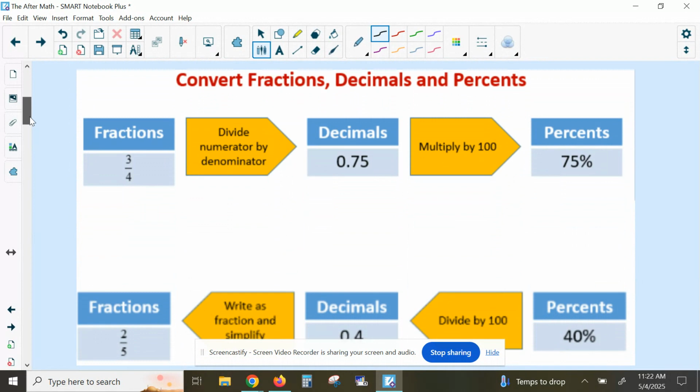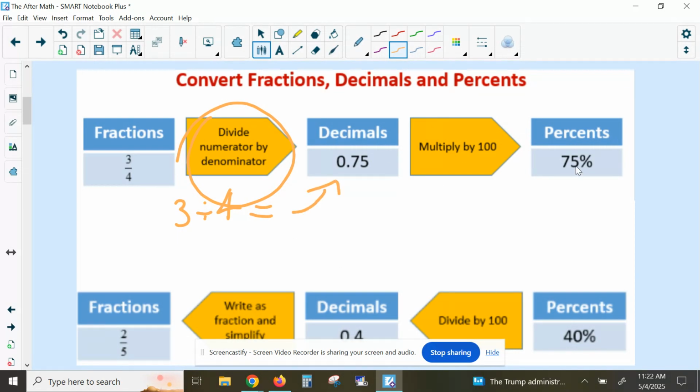Okay, convert fractions to decimals to percents. Now remember, this is just a little picture to help remind you of what to do. When you want to change a fraction into a decimal, remember we divide the numerator by the denominator, the top divided by the bottom, and that would give you 0.75.